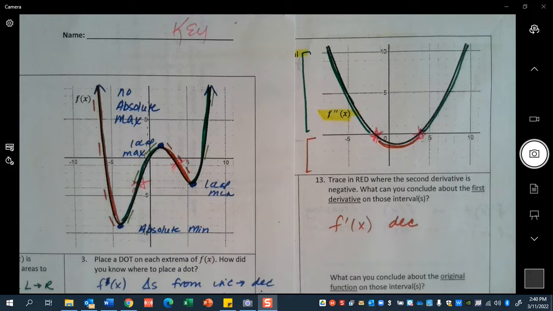Everywhere that's colored green here is up like a cup here. This star and this star are at the same point. Everywhere that my second derivative has a negative value, that is where I'm concave down. And this star and this star match.